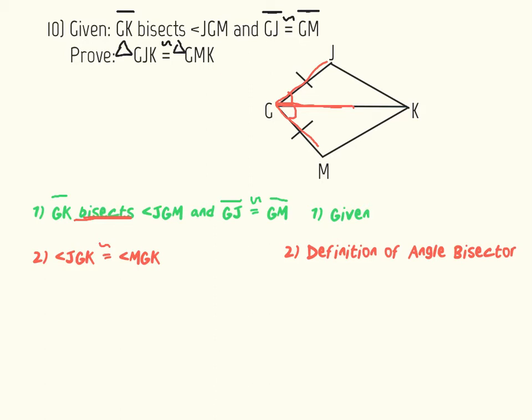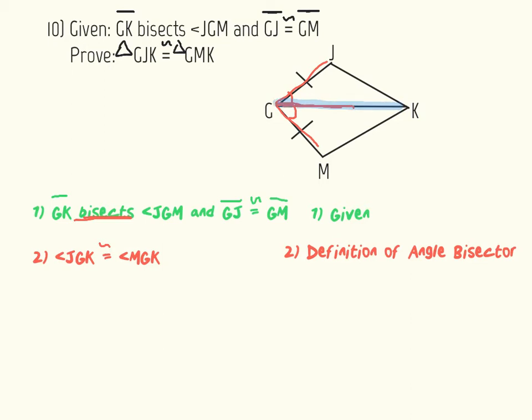Okay, so now I have a side and an angle, but in order to use side, angle, side, I need to know the other side that is touching the angles. I'm going to be looking at this line right here. This one needs to be congruent in order for that to work.